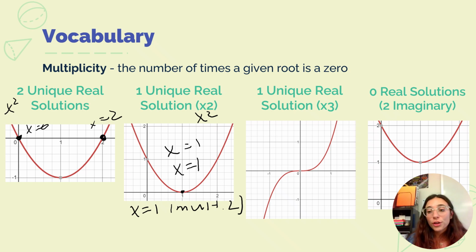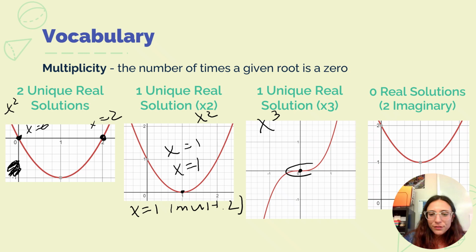Then over here on our third one, that's not a quadratic, but this is an example of one unique real solution 3 times. So this is actually a cubic. It looks like this. That's the actual graph we're looking at here. I should have 3 roots, but again, I look like I only touch it once. I go through it this time like I did over here, but this one looks like it kind of gets flat.